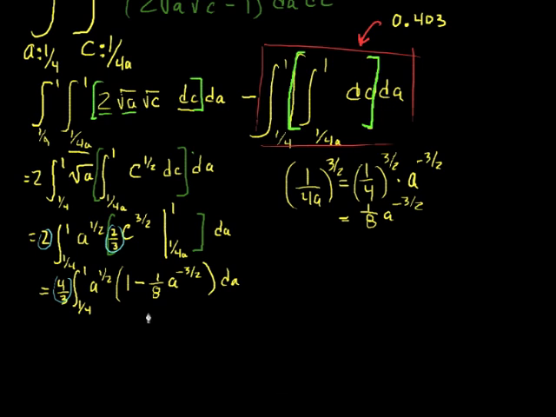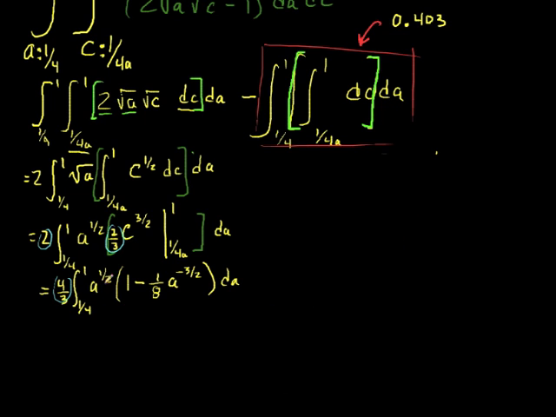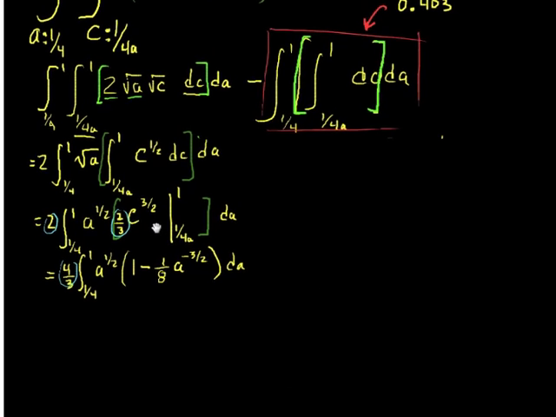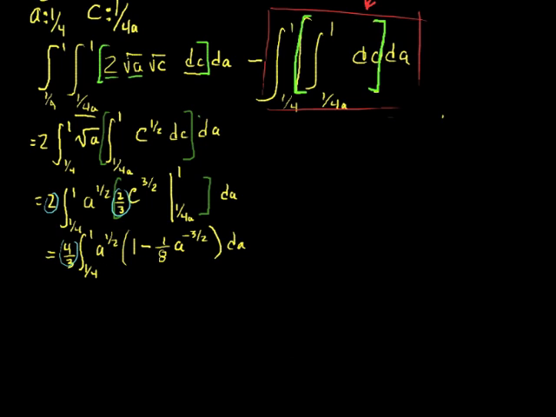Okay, we're almost there. We're going to distribute this a to the 1/2 over each one of these terms. Let me get rid of this so that we have some room to work with. So this equals 4/3 integral from 1/4 to 1, keeping our dA out here.